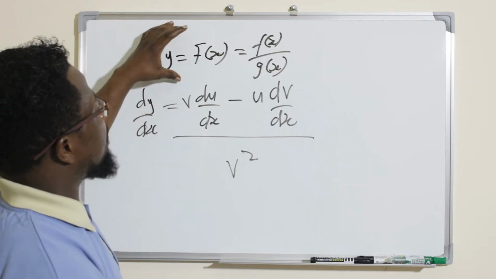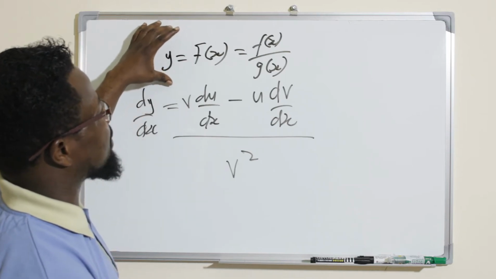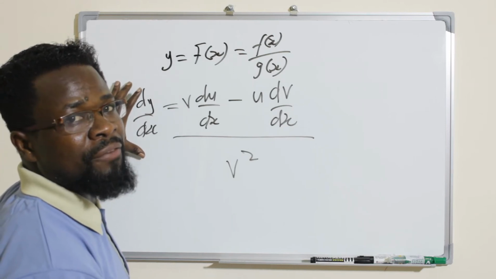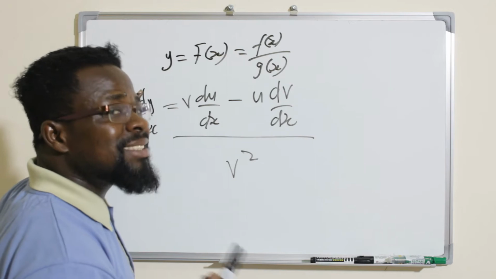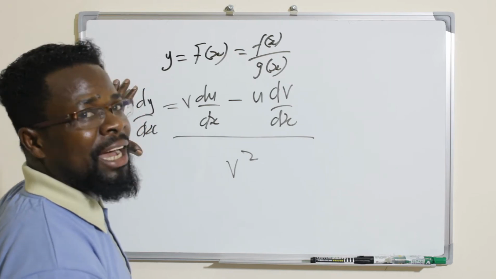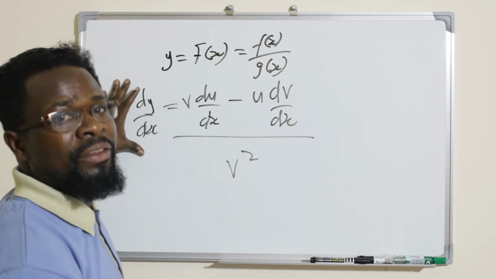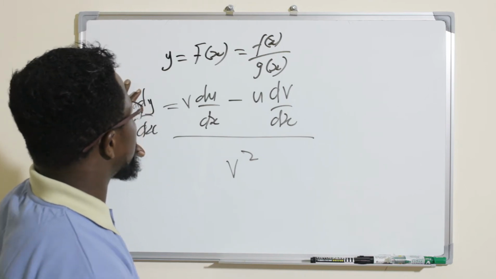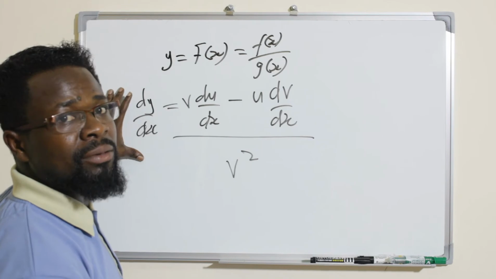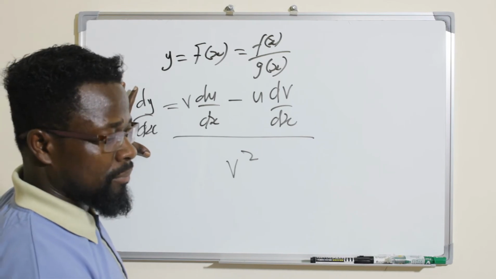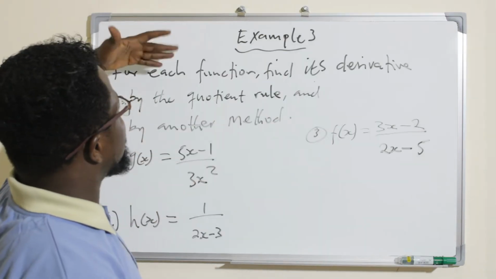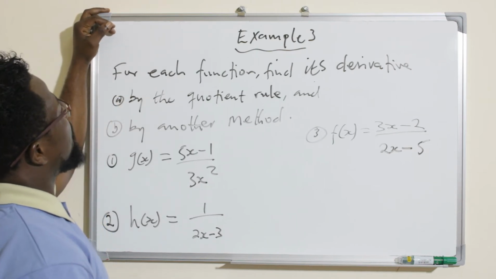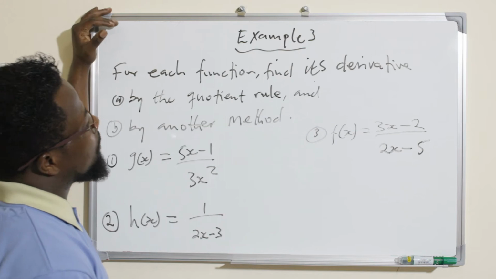Whenever we are given any function such as this, we can apply this. This does not mean that without this formula, you will not be able to solve the function. Okay, so let's move ahead and see how to apply this formula. Let's first look at some examples. Problem to solve: find the derivative of each function.